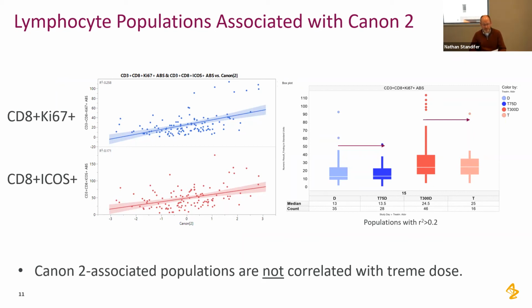As patients receiving T300 plus D demonstrated the longest median overall survival, we sought to investigate any relationship between Canon 2 populations, that is CD8 Ki67 positive T cell quantities, and clinical response.